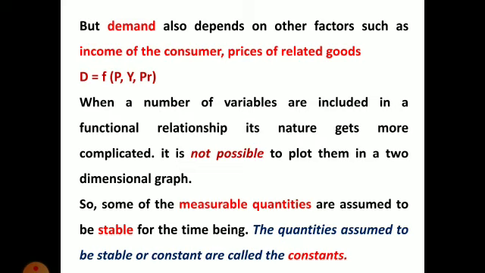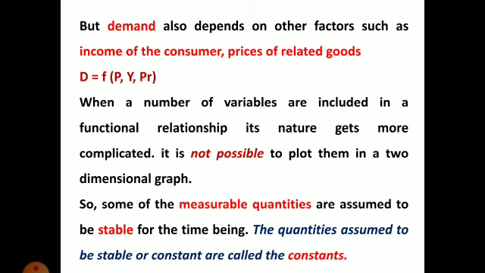So what do we do? All these variables can be measured, yes. So what do we do? Some of the measurable quantities are assumed to be stable for the time being.